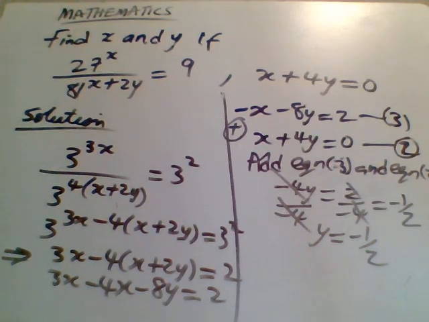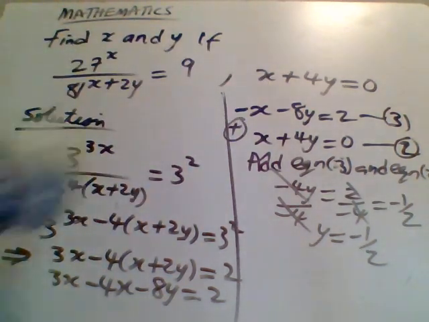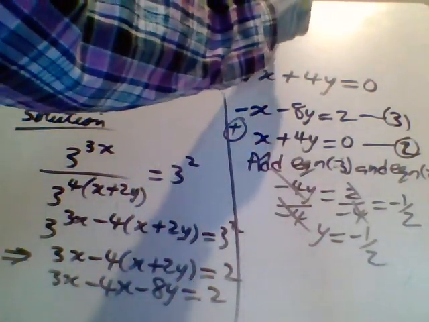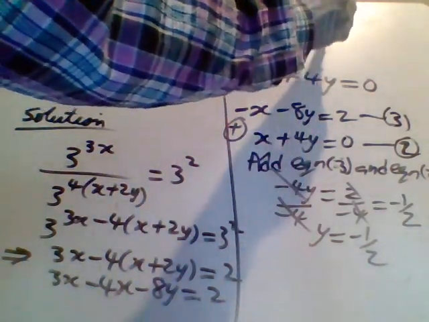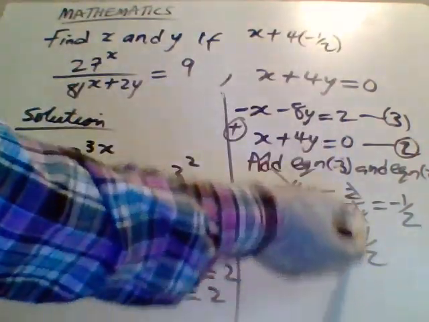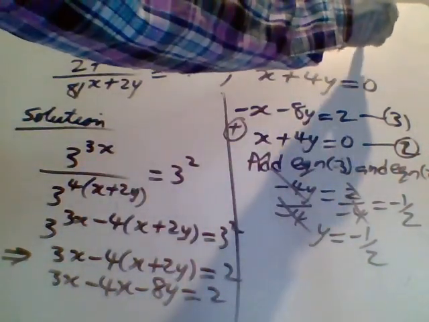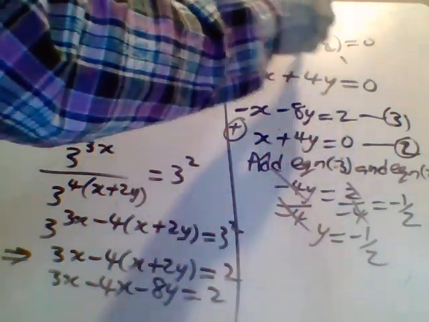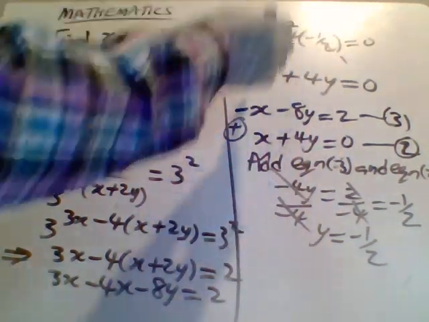Once we have gotten y to be equal to minus half, we can substitute it in the second equation here. So from here we have x plus 4 in bracket minus half. Wherever you see y, put minus half, is equal to 0. So 2 can cancel itself. 4 divided by 2 will give us 2.